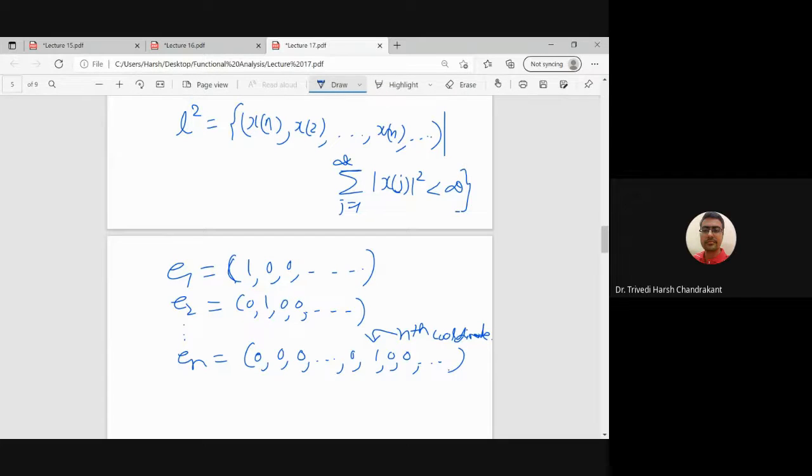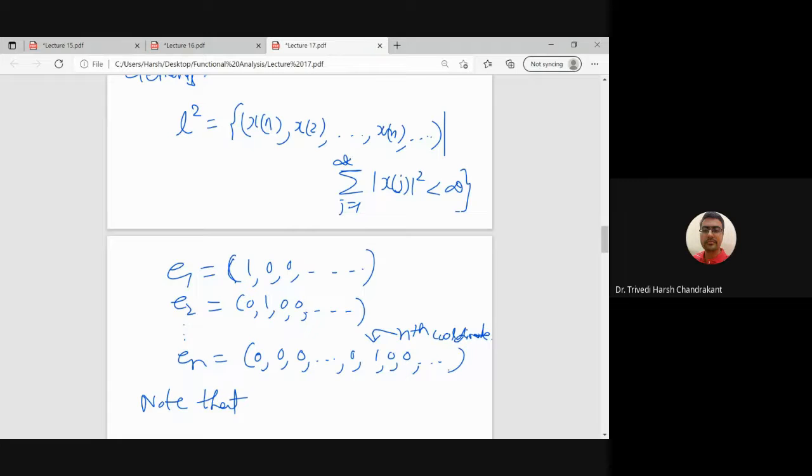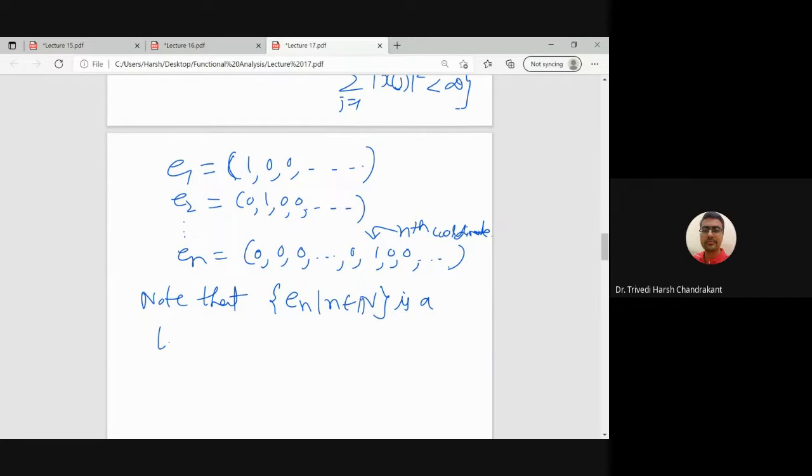And note that the set En, n belongs to N, is a linearly independent subset of L2.